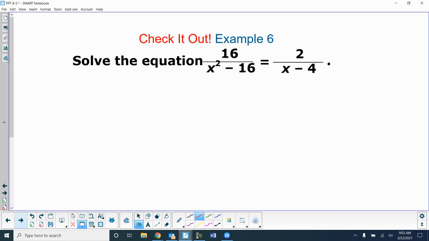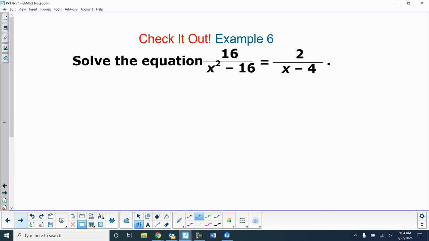Okay? So, what should we do here? Yeah, we could factor the denominator, or if you don't like factoring, right off the bat, it's a what? What do we call it? Starts with a P. No, one fraction equal to another we call a proportion, and we could cross multiply.